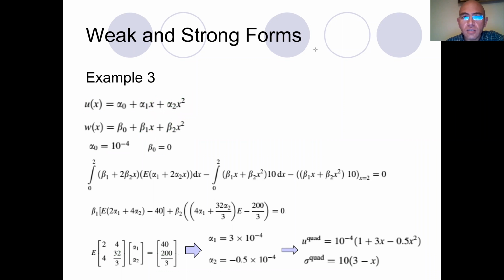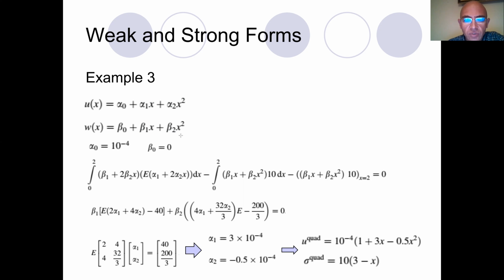Next thing is to substitute these two functions into the weak form. Of course, I need to take the derivatives of these functions. So the derivatives are alpha 1 plus 2 alpha 2x for u, and for w, beta 1 plus 2 beta 2x.